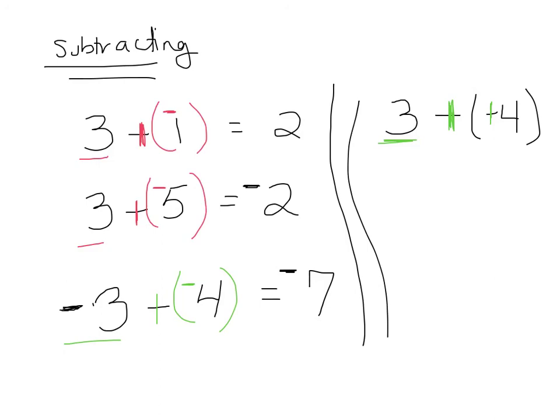What's 3 plus 4? Well, that's going to be 7. So subtracting integers is really going to be the same thing as adding integers. It's just remembering to change the subtraction to addition and then change the sign of the second number. So it actually operates a little bit like fractions with keep, change, flip.